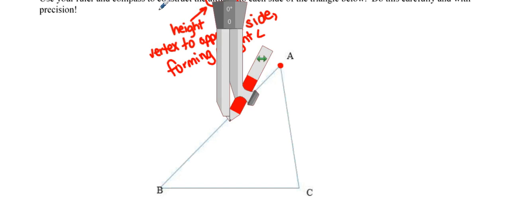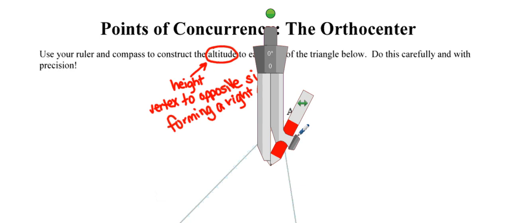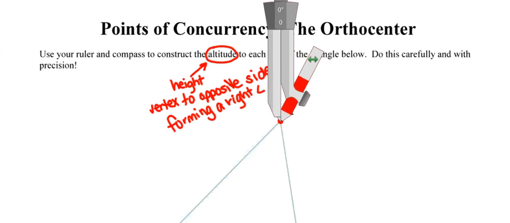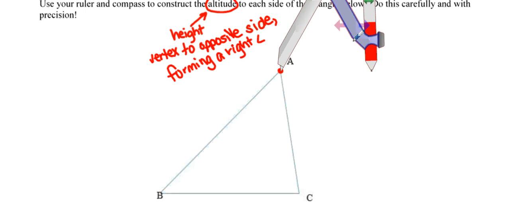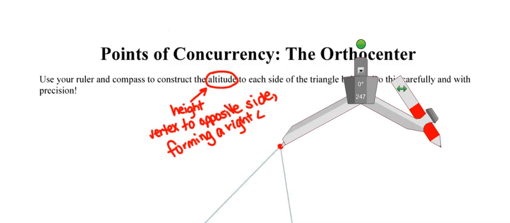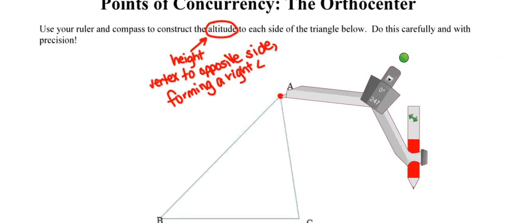Well, the way that we did perform this construction in the fall is if we want our altitude to go from point A, I'm going to put the point of my compass at point A. And I'm going to start by drawing a nice arc.